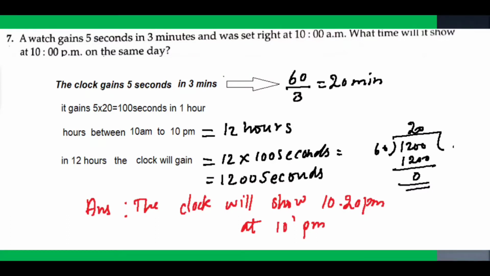Hours between 10 a.m. to 10 p.m. will be 12 hours, and in 12 hours the clock will gain 12 into 100 seconds, that is 1200 seconds. When we convert this 1200 into minutes, we will get 20 minutes. So the clock will show 10:20 p.m. at 10 p.m. at night.